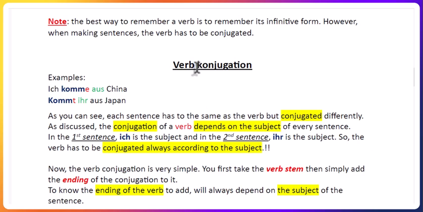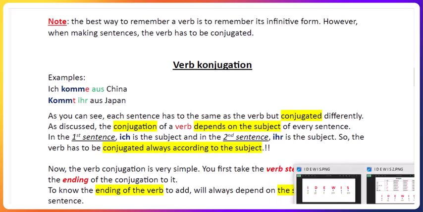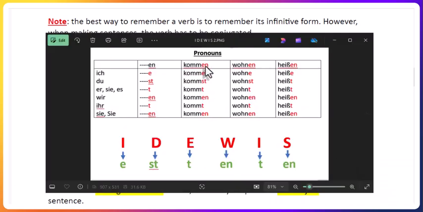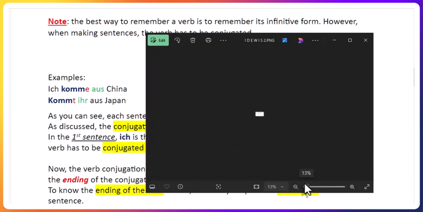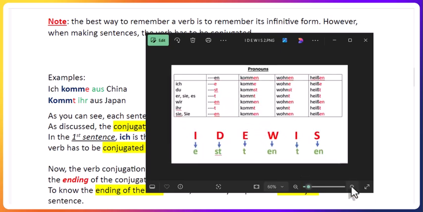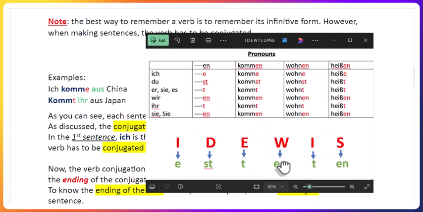In each sentence, the verb is the same. This verb, kommen, is conjugated in the examples I have shared here.